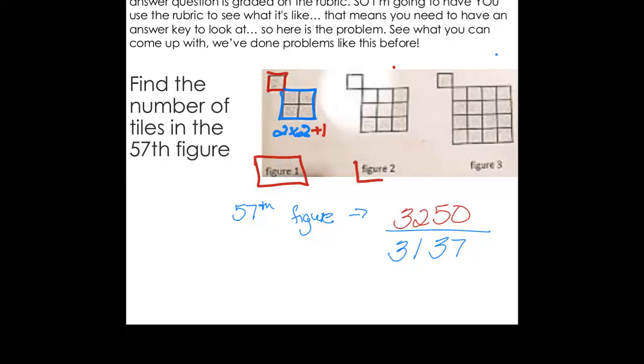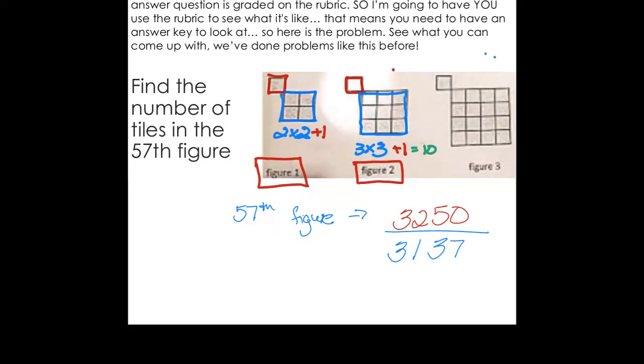And then I look at figure 2, and I have this small square and this larger square, and we could count them because there's a picture, or I could see this as a, what size square is my larger square? 3 by 3, which gives me 9, plus 1, which gives me my total of 10.